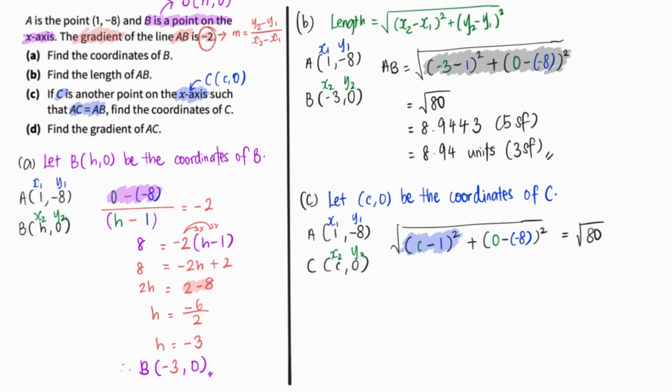This will give me C square minus 2 times C times 1 plus 1 square. This will give me a value of 64. This is still 80. And continue to simplify, I will have C square minus 2C, 1 square plus 64 is 65.